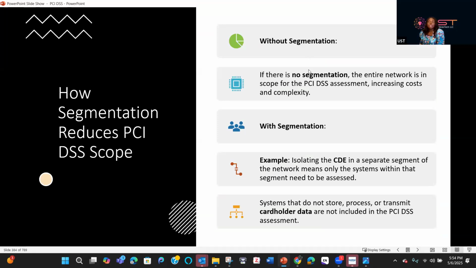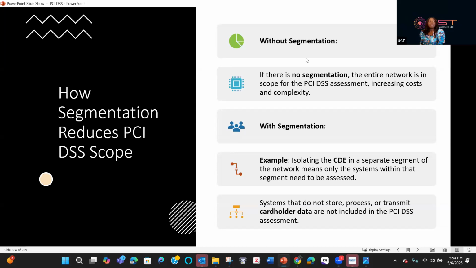But how does segmentation reduce PCI DSS scope? First, if there's no segmentation, the entire network is in scope of the PCI DSS assessment, increasing cost and complexity. That makes sense. In one of the diagrams that I showed you, without segmentation you have the network being so congested. That's why everything will have to be within scope and everything will be considered CDE.